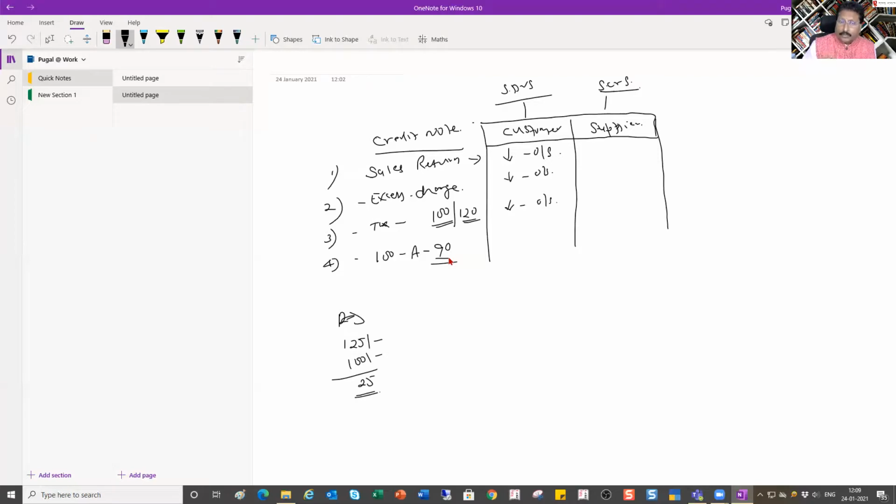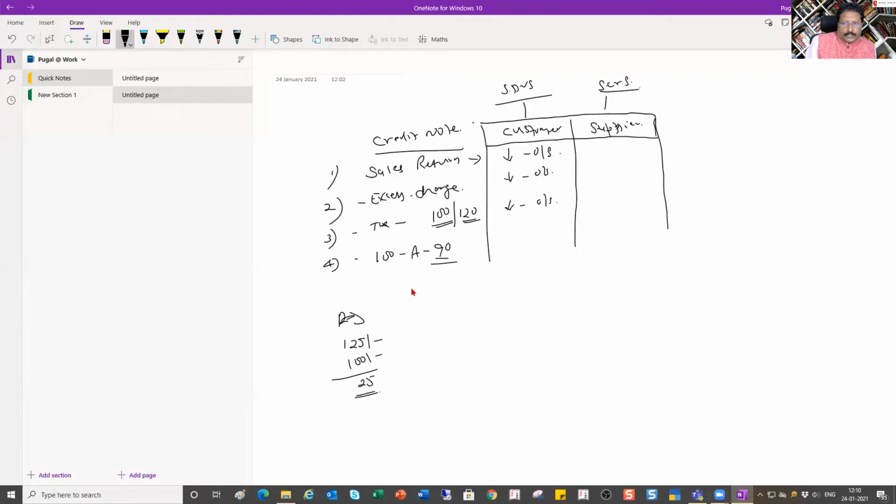So now what are you supposed to do? You have charged for 100 numbers, but he has actually received goods worth 90 numbers only. So the difference amount, the value of goods and taxes and other things, needs to be reduced, because he is going to pay only to the extent of the amount received.